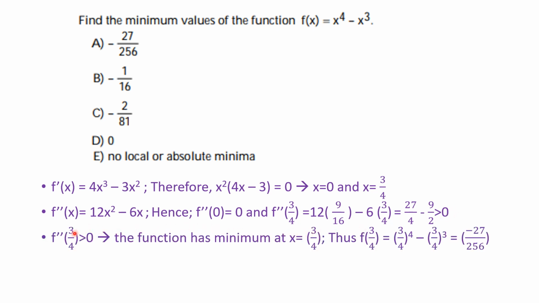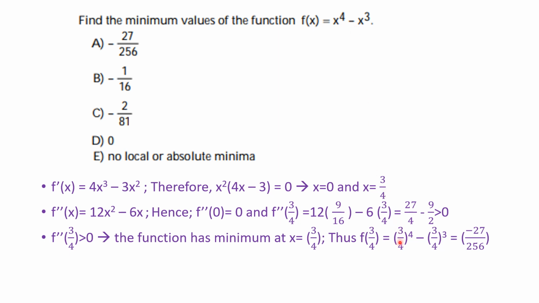So f double prime of 3 over 4 is greater than 0, which implies the function has a minimum at x equals 3 over 4. Thus, f of 3 over 4 equals 2, and we have to plug in 3 over 4 for the terms in the function.